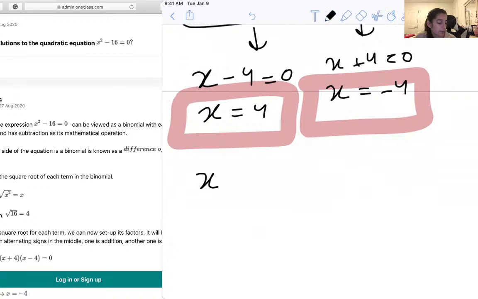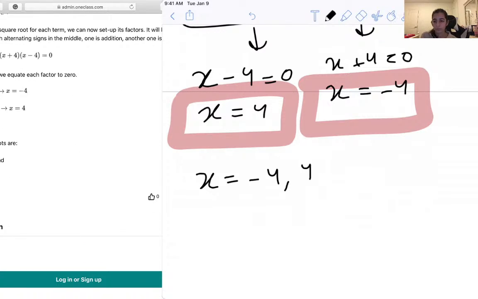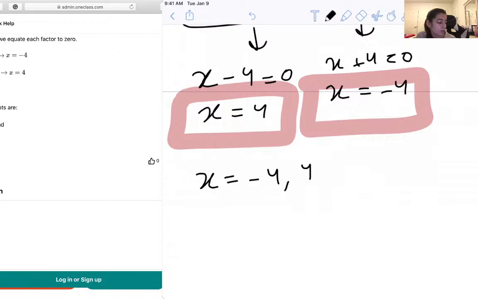So x is equals to negative 4 and 4. So those are either the solutions, or you can say zeros of the function, or solutions or roots of the function.